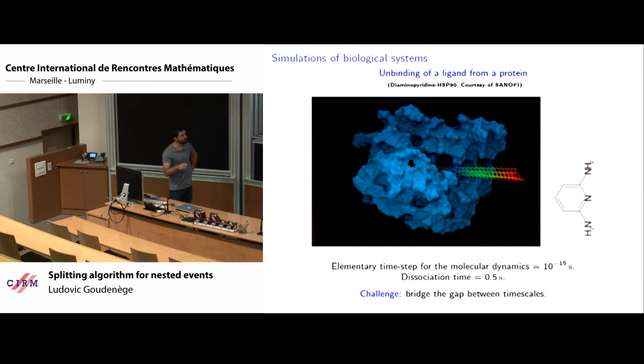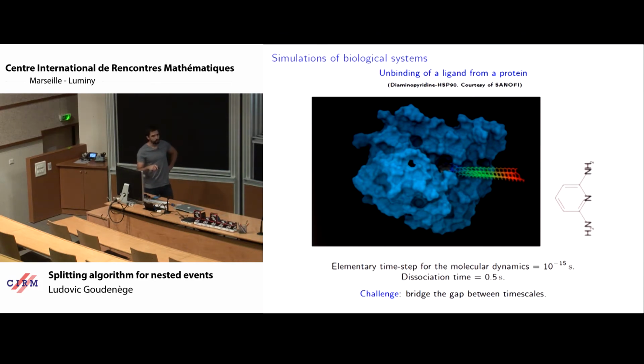And you want to see some very rare event, in fact, the dissociation of the molecule. And typically, you have to wait this time to see this dissociation. So there is a bridge, there is a gap between these two scales.